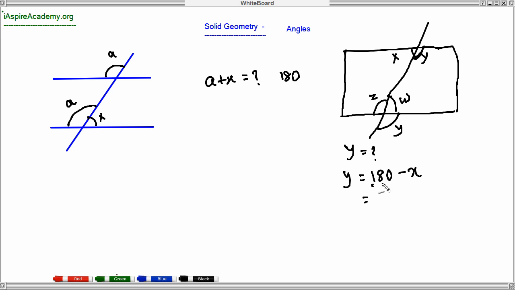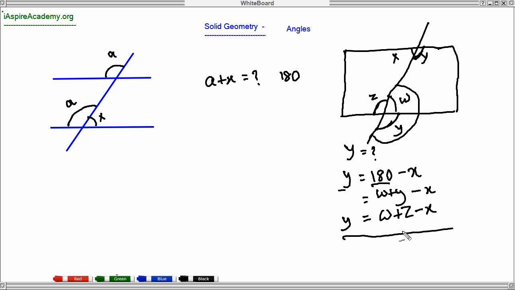So we can replace 180 by W plus Y, because this entire angle is 180 degrees, correct? So W plus Y minus X. Now Y is the same as Z, because these two are opposite angles, right? So W plus Z minus X. So we have expressed Y in terms of the three angles.